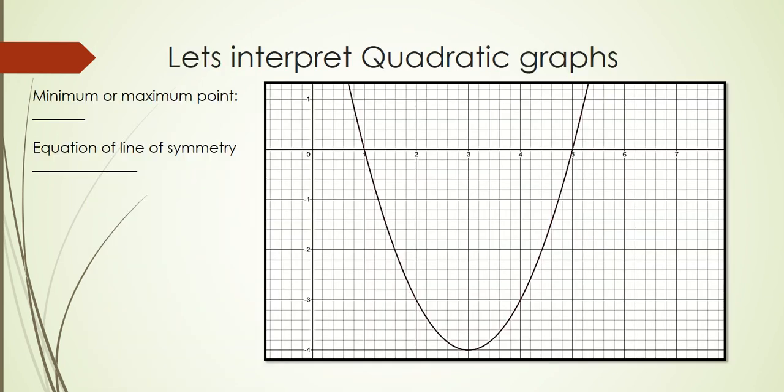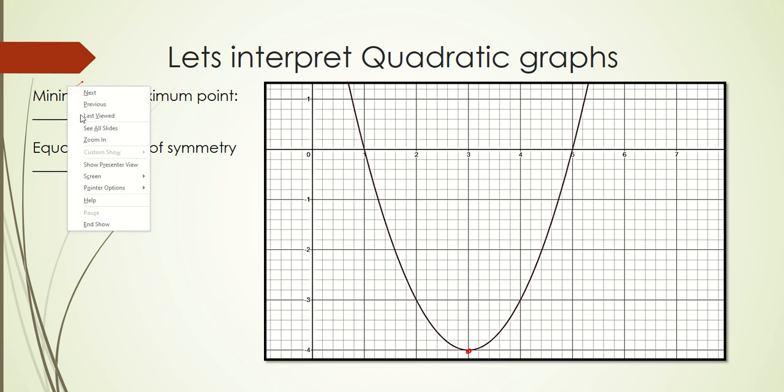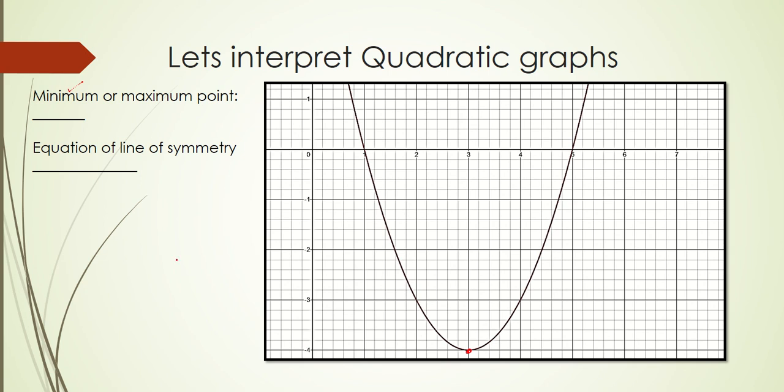Now let's interpret these quadratic graphs. Minimum or maximum? Graph is coming down, down, down. So we will have a minimum point. We are not going to have a maximum point. So I'm going to write the minimum point, tick. And then I'm going to choose what this minimum point is. So here x is 3 and y is 4.